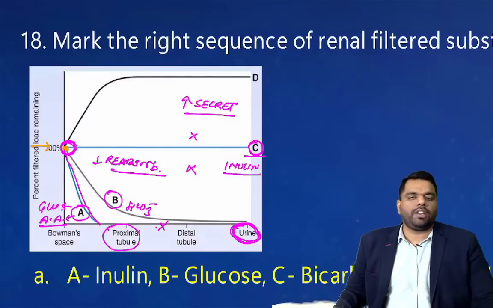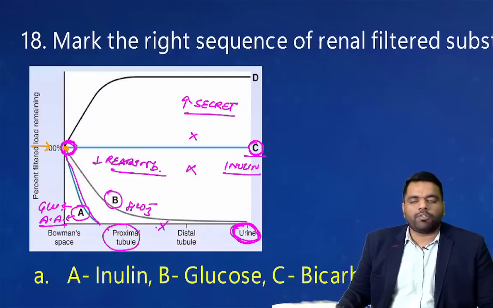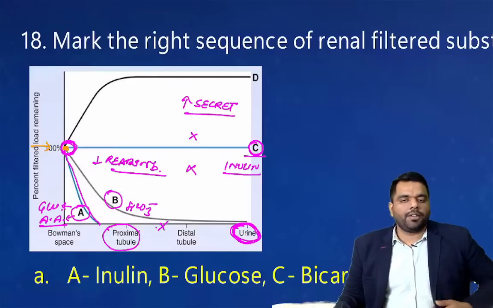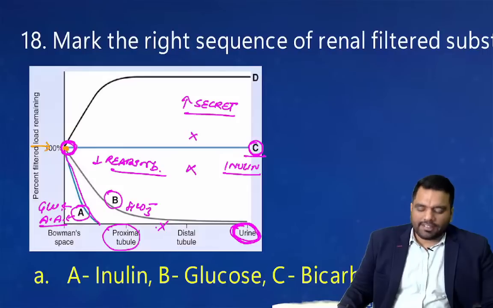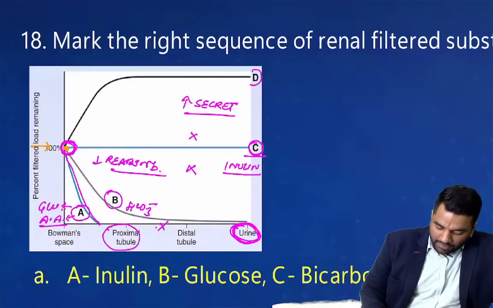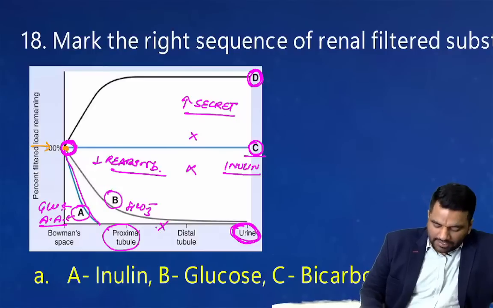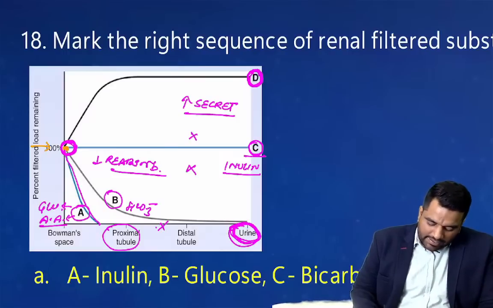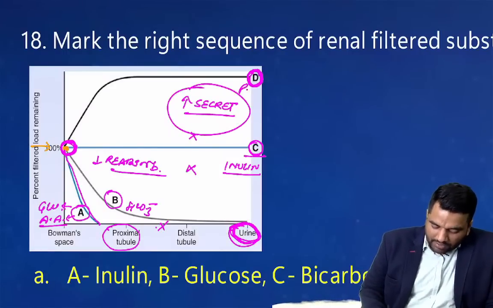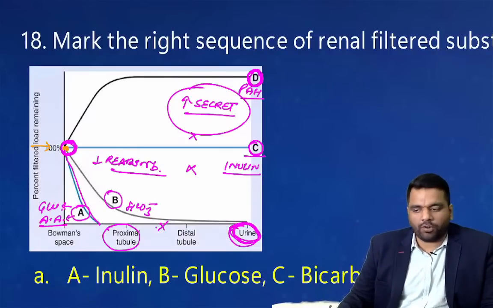So I told you inulin never reabsorbs, never secretes, and the ideal clearance of inulin from the body is 125. That is why it is the best dye for measuring the GFR. Right, beta? And point D means any substance initially filtered, but later on in the urine the amount of this substance is increased. It means it is secreted later on. And this is your PAH, which we also use for renal plasma flow estimation.